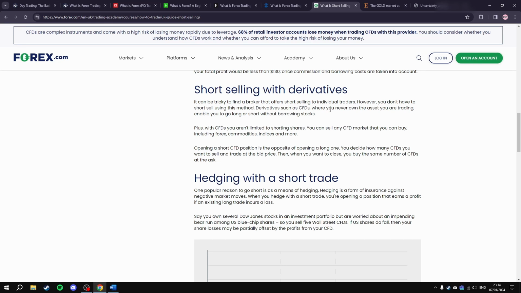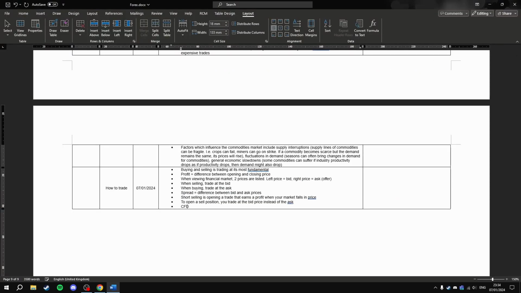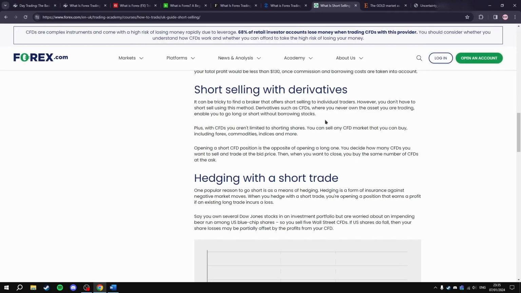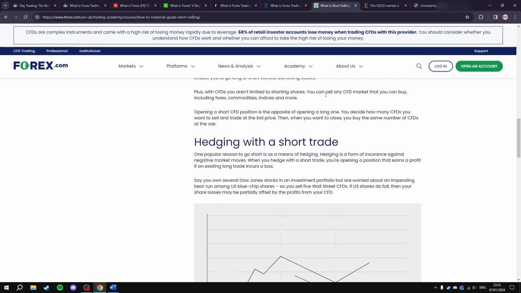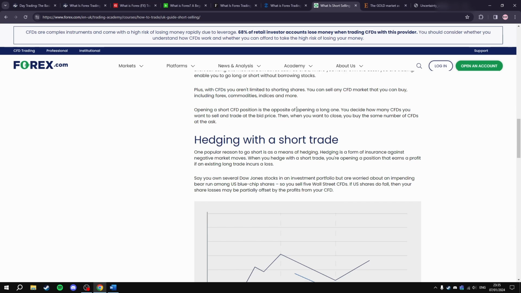Derivatives such as CFDs, where you never own the asset you're trading, enable you to go long or short without borrowing stocks. Plus, with CFDs, you aren't limited to shorting shares. You can sell any CFD market that you can buy, including Forex, commodities, indices, and more.